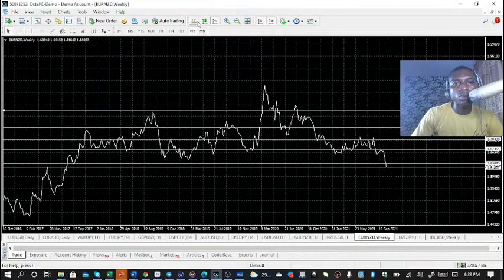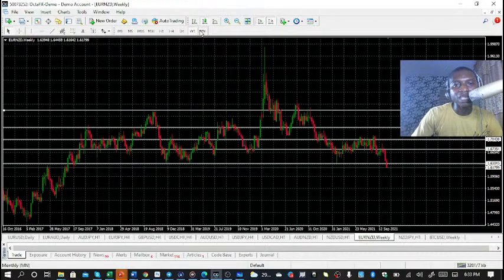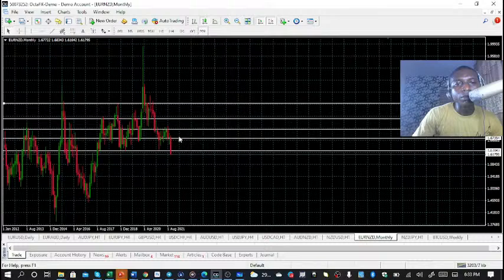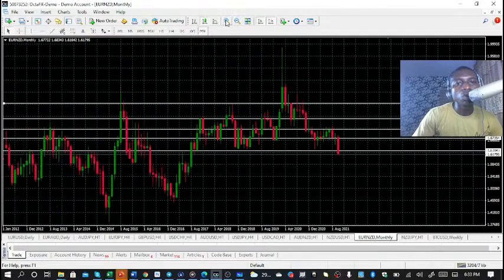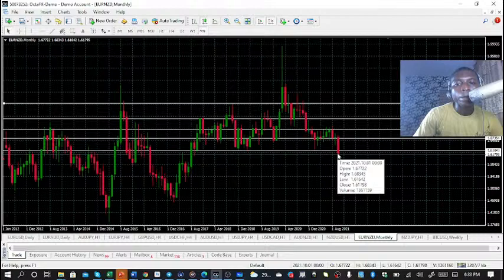Okay, so understanding time frames. These are different time frames now. This is a monthly time frame. Each candle on this time frame occurred in a month. Currently we are in the month of October. Last month, which was September, this is how the candle closed on this currency pair.